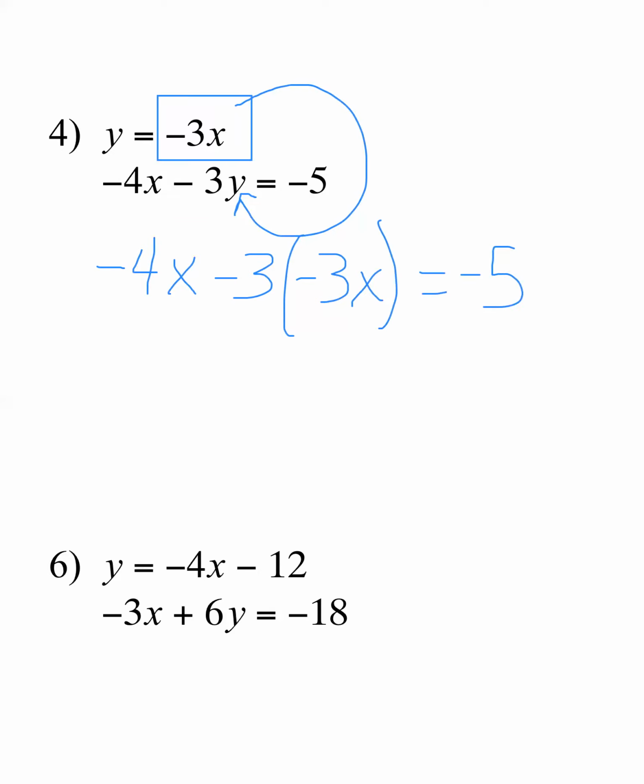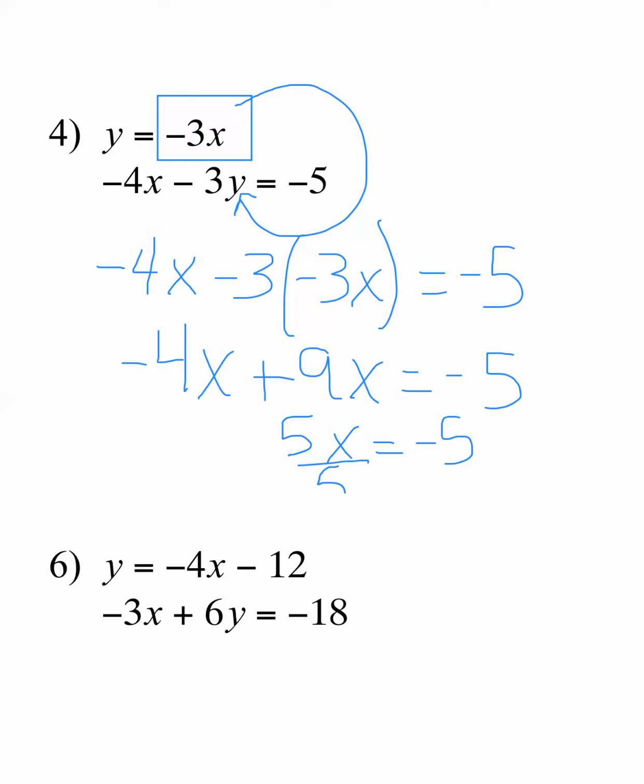Okay, now I can go ahead and multiply. That'll be a positive 9x. 4x plus 9x leaves me with 5x equals negative 5. Divide both sides by 5. Looks like x is going to end up being negative 1. Now that I have that answer, I can bring it back to the box.